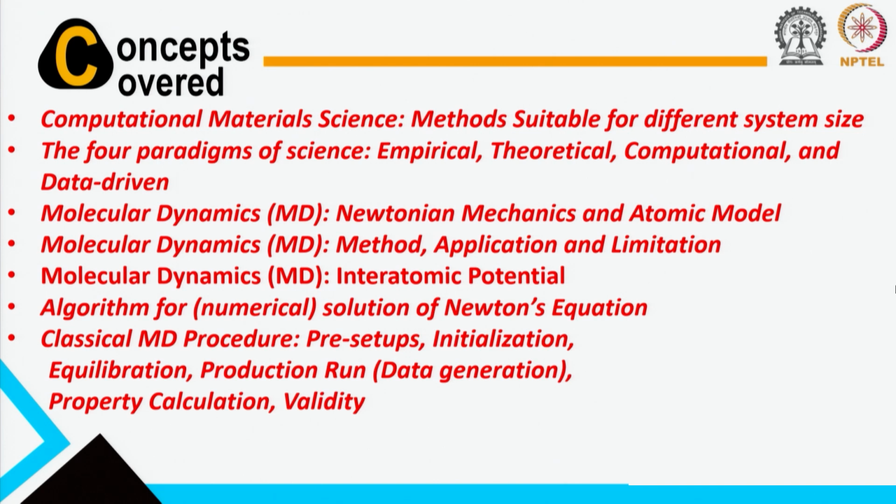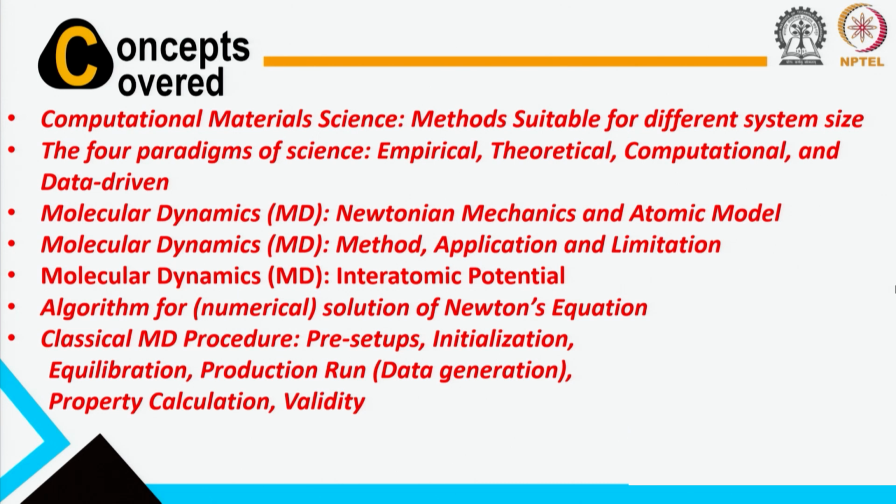We will be covering the methods, application, and limitation of molecular dynamics, and interatomic potential for molecular dynamics, and different algorithms used to solve the Newtonian equation of motion in molecular dynamics methods. We will be covering mainly three mostly used algorithms, and also we will see the procedures followed for doing a molecular dynamics calculation.